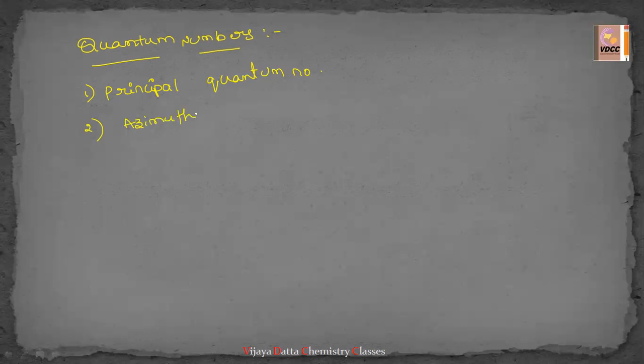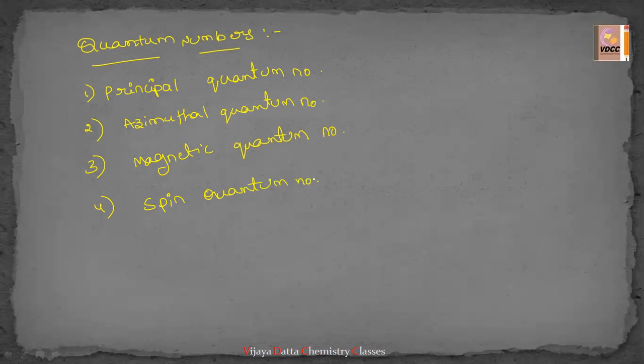The third one is the magnetic quantum number. And the last one is the spin quantum number.